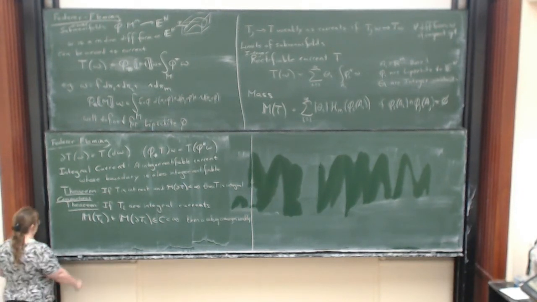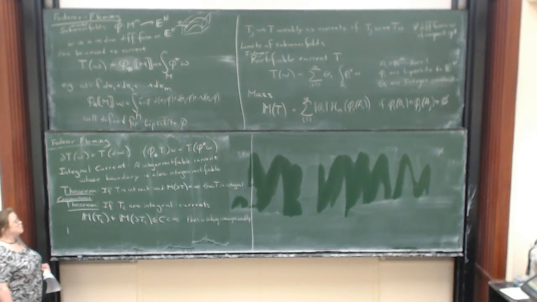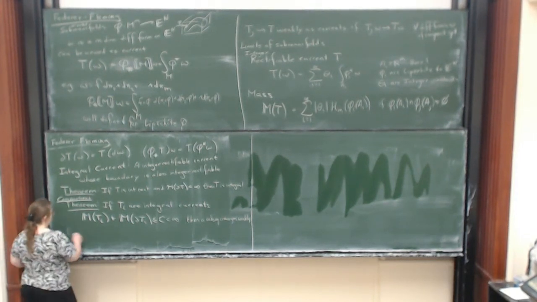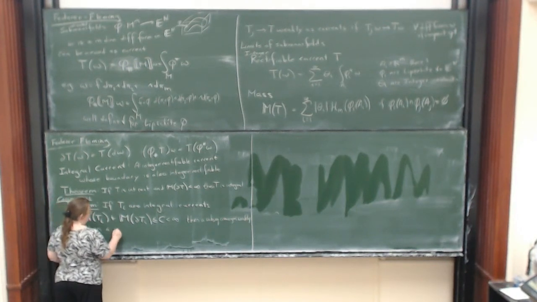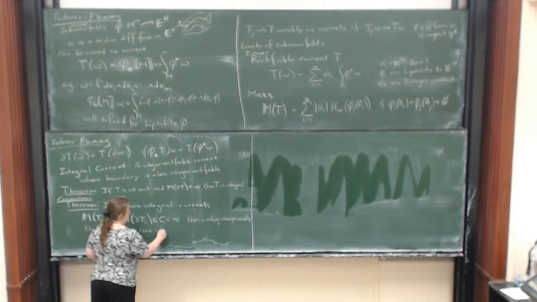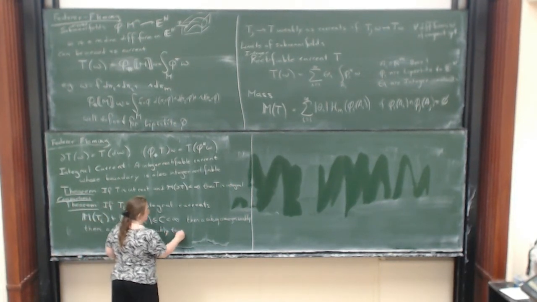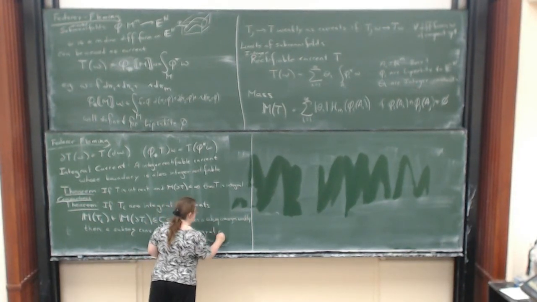And then they define the flat distance. Yes, let me write this out in bigger words. Then a subsequence converges weakly to an integral current. And I forgot one thing. Sorry about this.